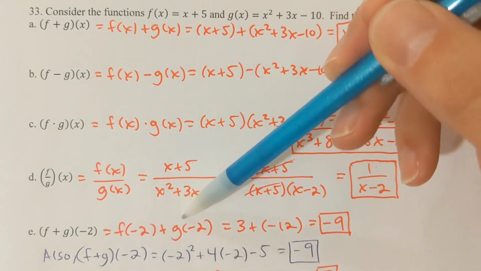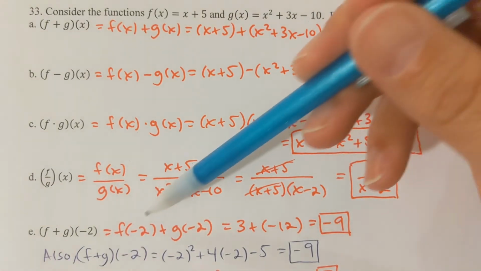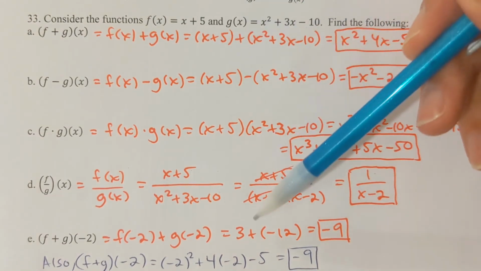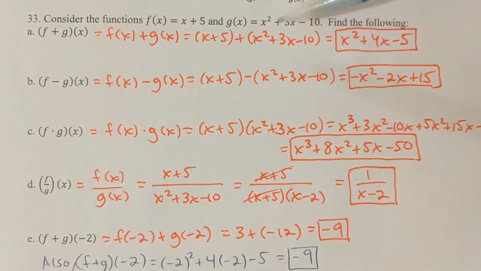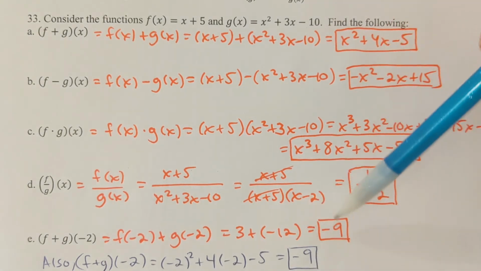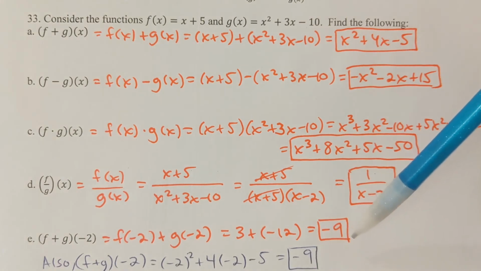It'd be f of negative 2 plus g of negative 2. F of negative 2 is 3. G of negative 2: negative 2 squared is 4, minus 6 is negative 2, minus 10 is negative 12. Okay, 3 plus negative 12 would be negative 9 is the answer.